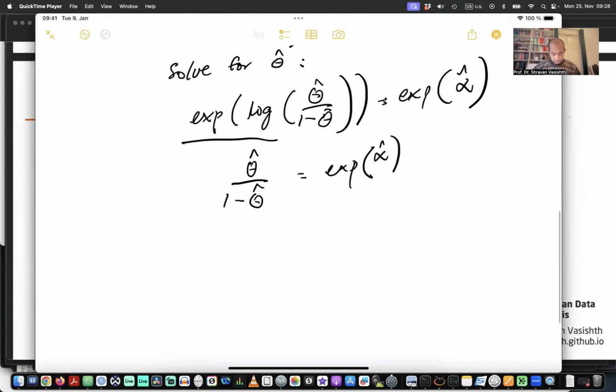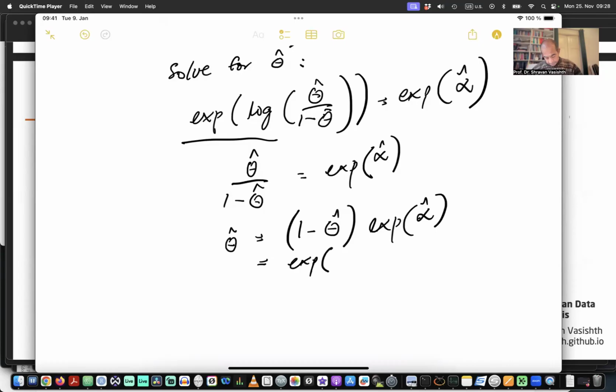Now I'm going to multiply both sides by 1 minus theta hat. So I've got theta hat on one side and 1 minus theta hat times exponent of alpha hat on the other. Now if I expand the brackets, I get exponent alpha hat minus exponent alpha hat times theta hat.